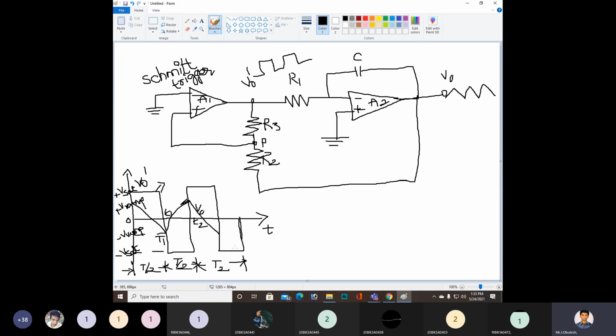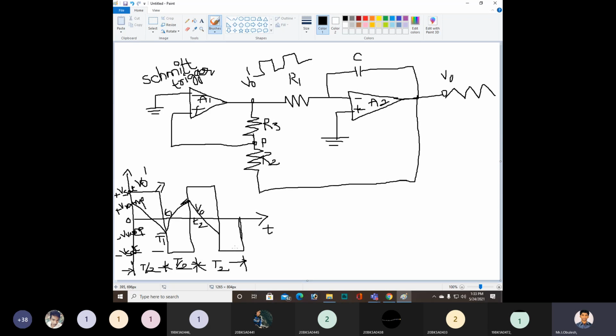Coming to the amplitude of the triangular wave, whatever we are discussing here, plus or minus V saturation, plus or minus V ramp, the amplitude of the triangular wave depends upon the RC value of integrator A2. We get the triangular wave at the output terminal of the integrator.